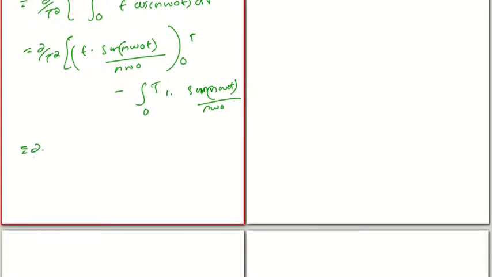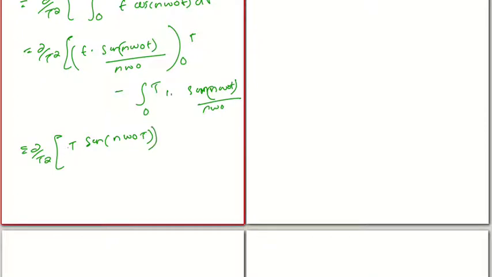So applying the limit, we get T into sin n omega 0 T minus 0, because at t equal to 0 we don't have to take the lower limit, it will be equal to 0.